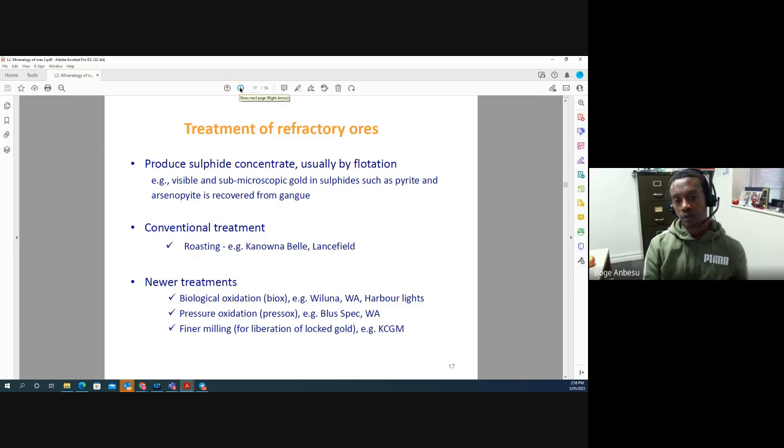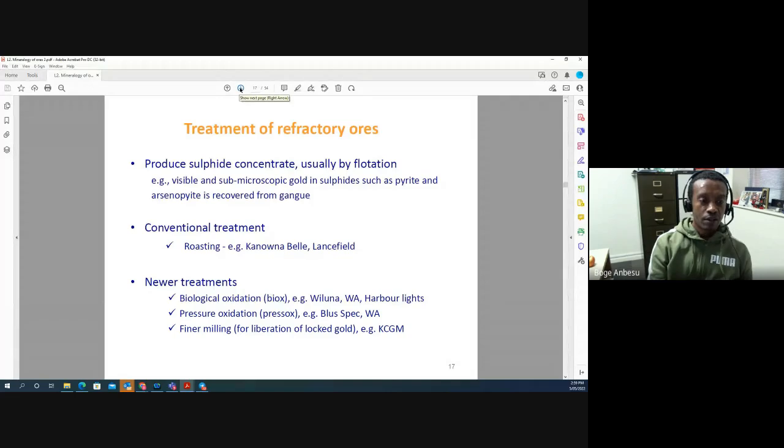Now you have the concentrate after flotation. You can take that concentrate, you can do all sorts of treatment with it. You can do roasting, as I said earlier, which is becoming a bit of an older technology now. It works well, but it generates sulfur dioxide, which is not environmentally friendly. So these days, especially in Western countries, it's becoming a problem to get the license to be able to run roasters in a plant.